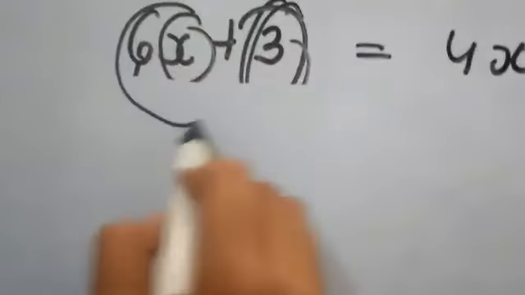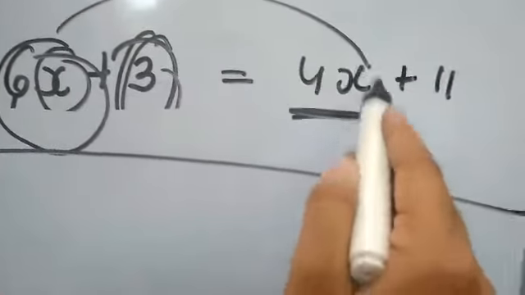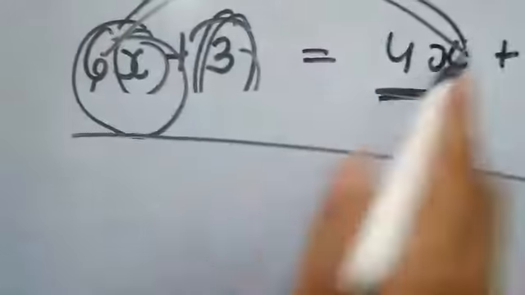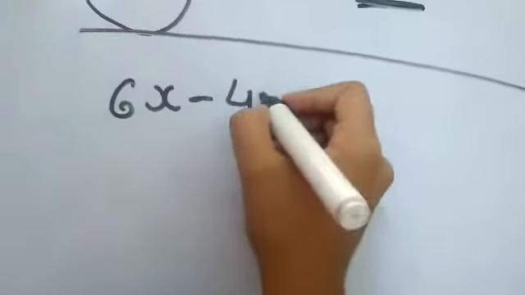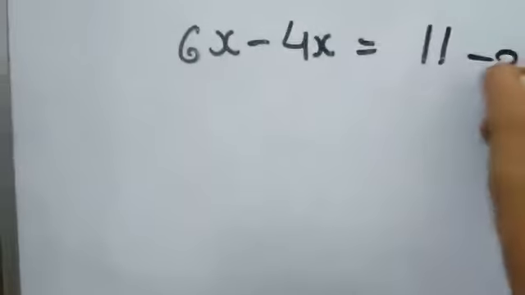For example, the like term of 6x in this whole equation is 4x. So we have to transpose either 6x here or 4x here. I will transpose 4x here. 6x minus 4x is equal to 11 minus 3.